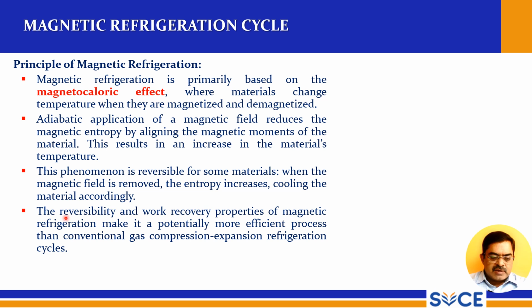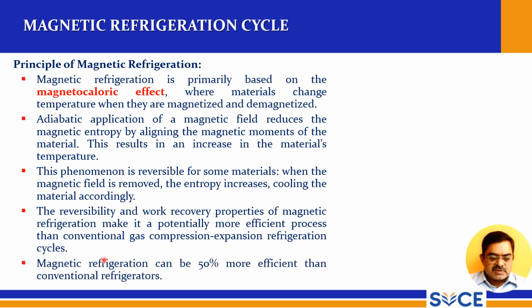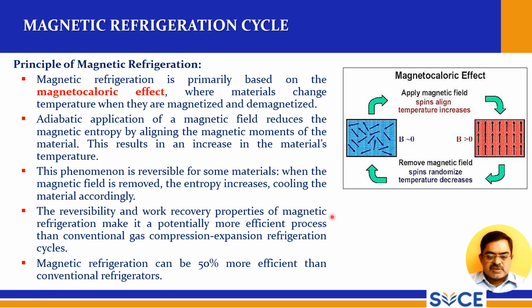The reversibility and work recovery properties of magnetic refrigeration make it a potentially more efficient process than conventional gas compression-expansion refrigeration cycles. So here this is the diagram, and magnetic refrigeration can be 50% more efficient than conventional refrigerators. And you can see here the magnetocaloric effect.